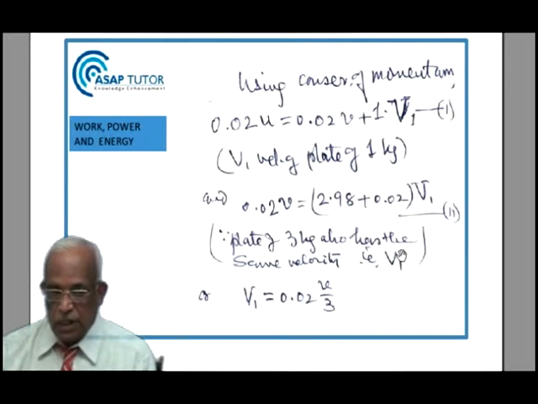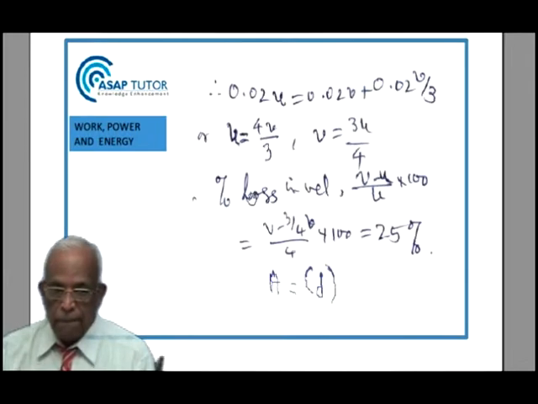Since the 3 kg mass also has the same velocity v1, I get v1 equal to 0.02 v by 3. Substituting back, u equals 4/3 v, or v equals 3/4 of u.